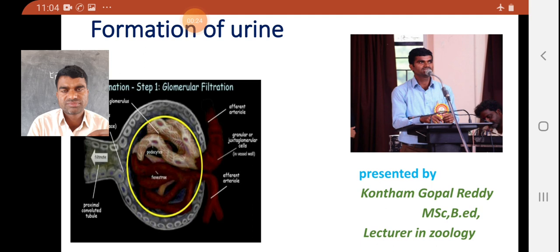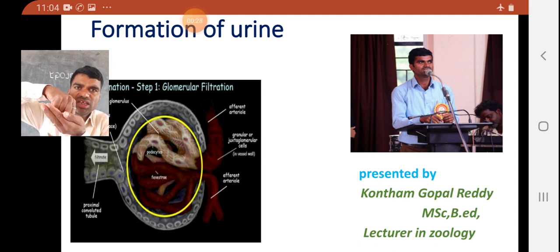For example, this is the glomerulus. It is the Bowman's capsule. From the afferent renal arteriole, blood is coming into the glomerulus. Here in the glomerulus, the blood is filtering, and the H2O molecules are coming into the Bowman's capsule.